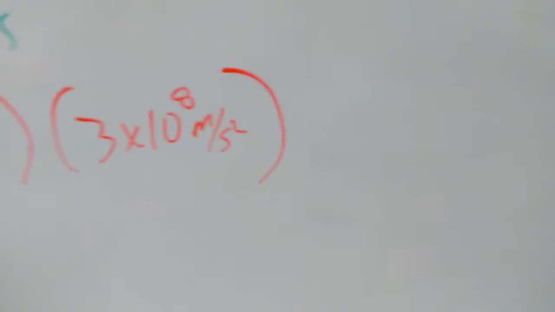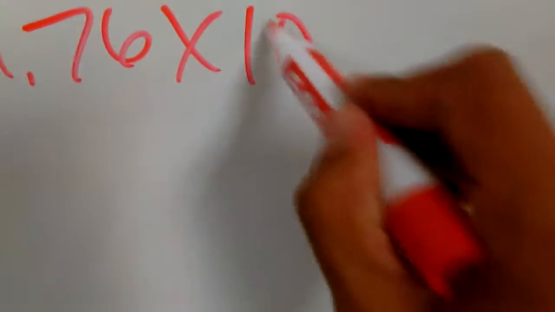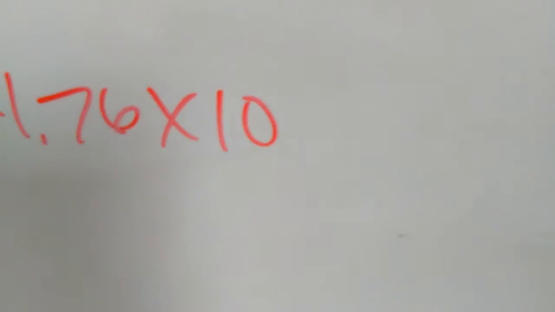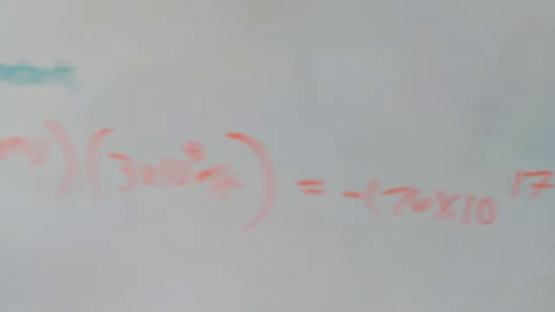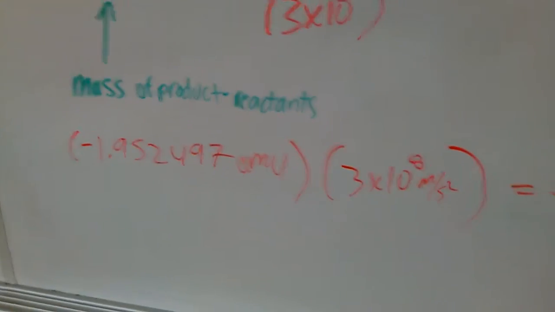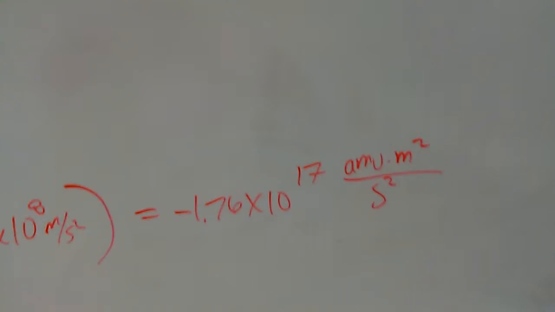Okay, so when you multiply everything out, you should get negative 1.76 times 10 to the 17th power, and then your units are going to be atomic mass units times meters squared all over s squared. So here you simply plug into your product here.